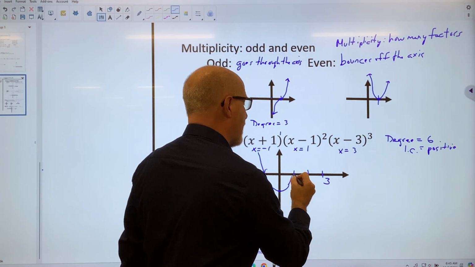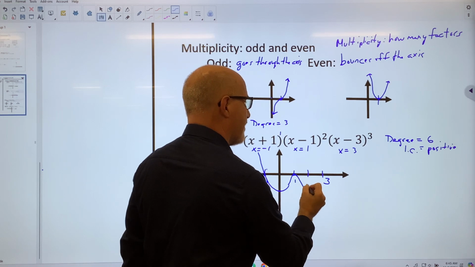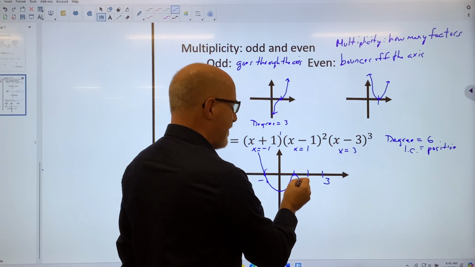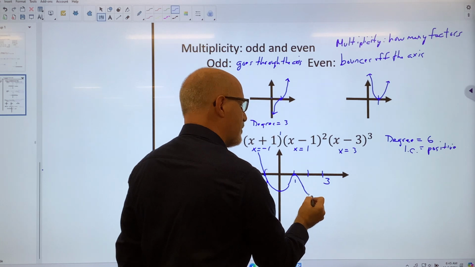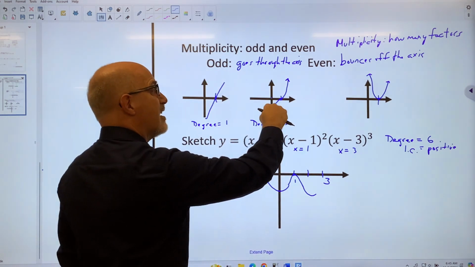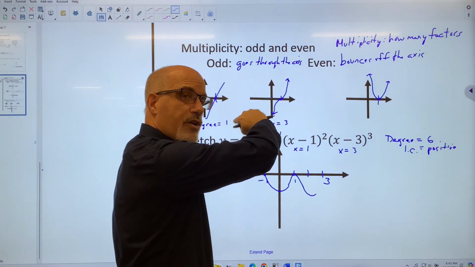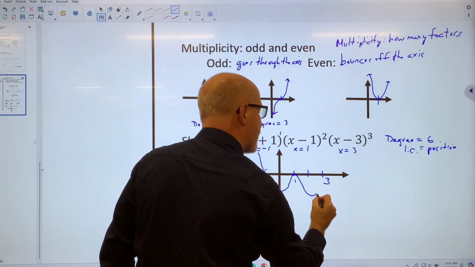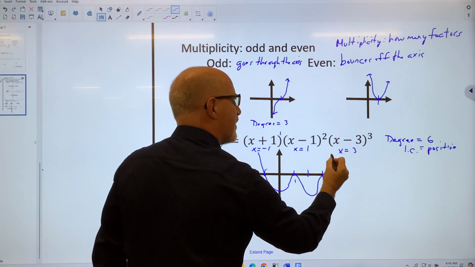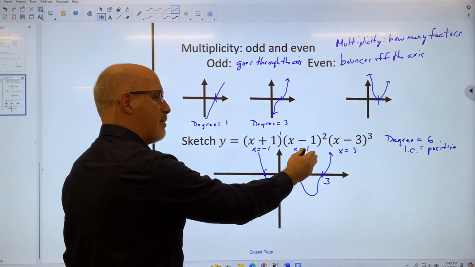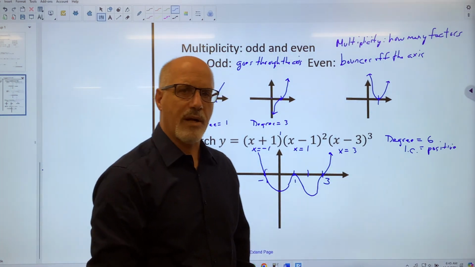That intercept it'll bounce off of because it's even, and then it's going to come back to the 3. That's an odd, and so what it will do is it'll have this effect of kind of curving into it and then curving out of it. So you kind of make it curve in and then curve out of it to get your final end behavior going up there as well.